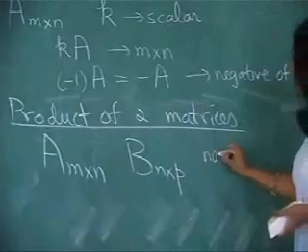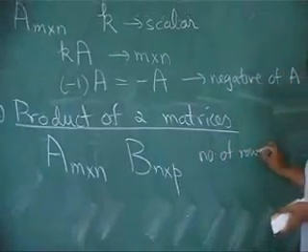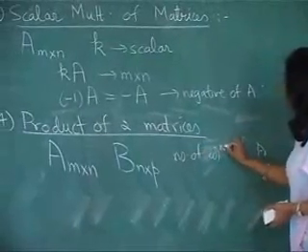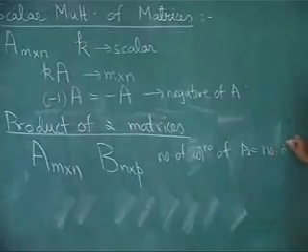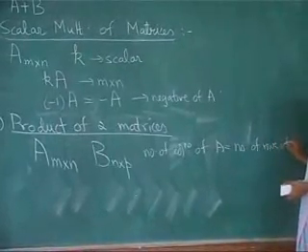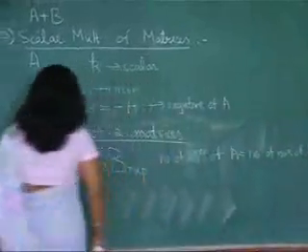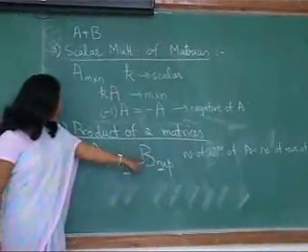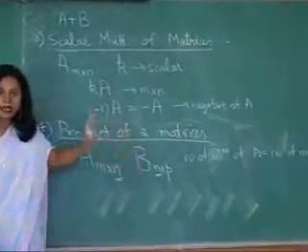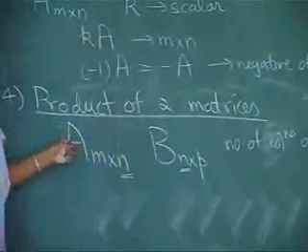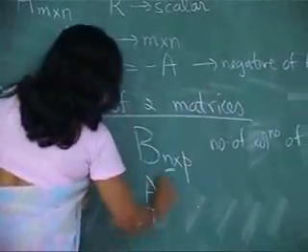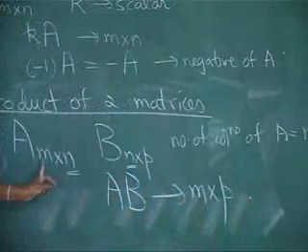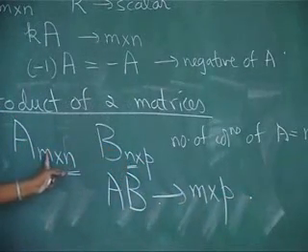That means the number of columns of capital A has to be equal to the number of rows of B. Only if this condition is satisfied, then and then alone is it possible to multiply these two matrices, and the product will be a matrix of order m by p.